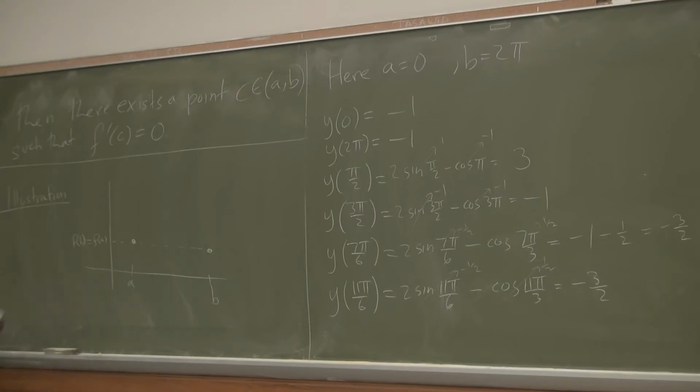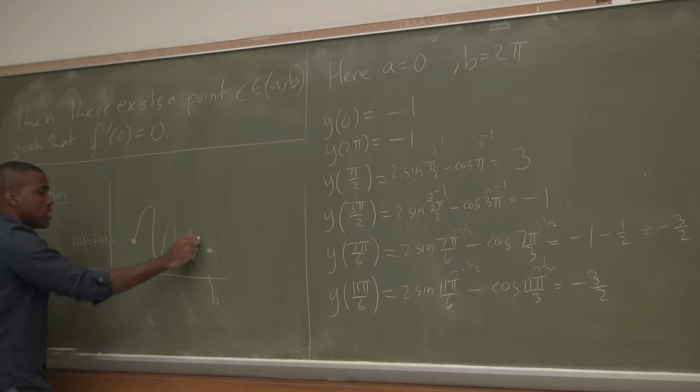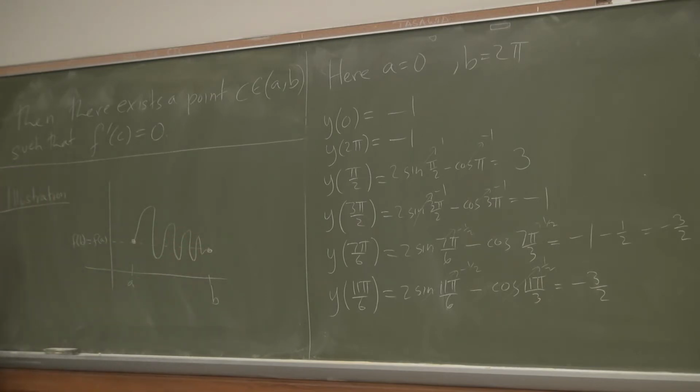Then once your function is continuous and differentiable, it doesn't matter what it does in here, it can do whatever. There has to be some point c at which the derivative is 0, meaning the slope of the tangent line is 0. You have to have a horizontal tangent line existing somewhere between a and b. That's what the theorem is saying.